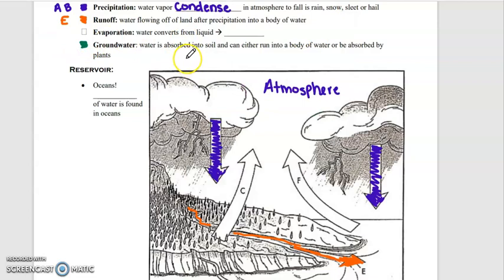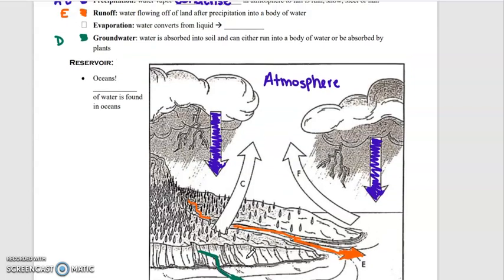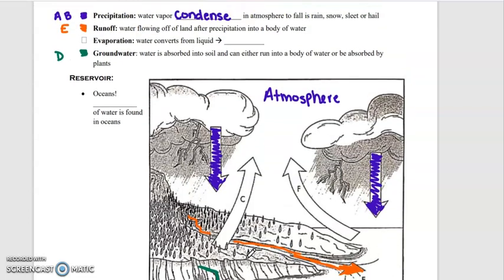When water is absorbed into the soil, the same outcome happens: eventually it gets funneled to another body of water. So that is arrow D. It gets soaked into the land and then flows to a body of water. So those are our two options. Either it hits the landscape and just flows off of it, or it gets absorbed, but eventually it all ends up in a body of water, a lake, an ocean, a stream, anything like that.